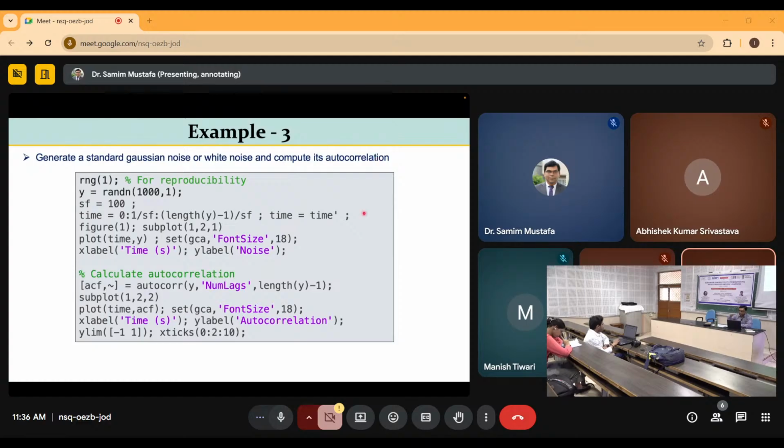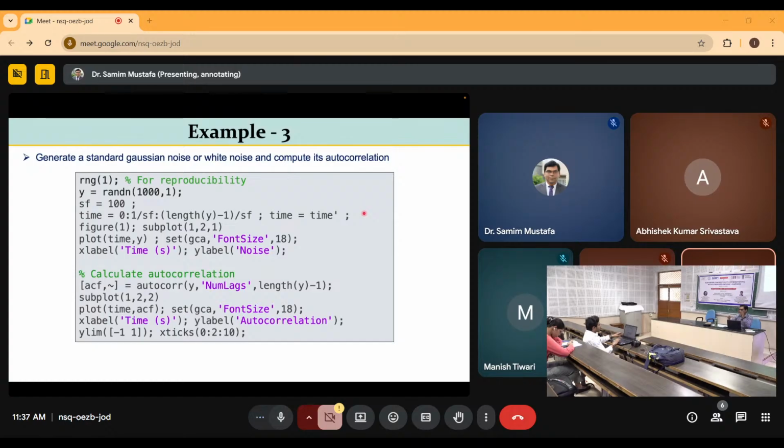White noise means the samples are created arbitrarily and there is no correlation between one sample and another. That's why we say it is random. Otherwise how can it be random if it has some certain correlation?